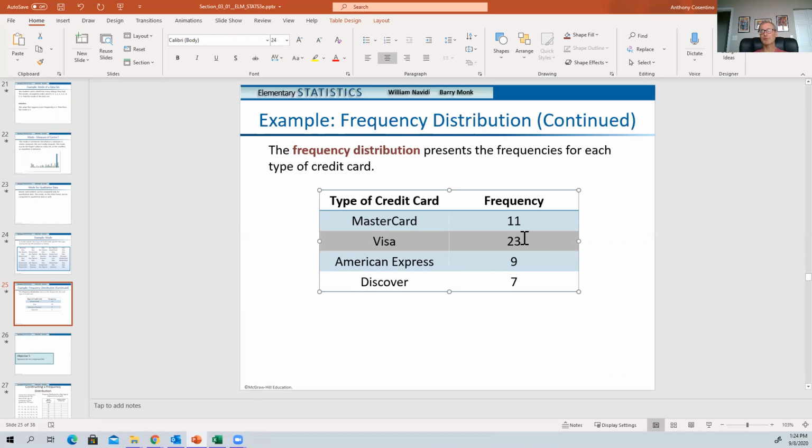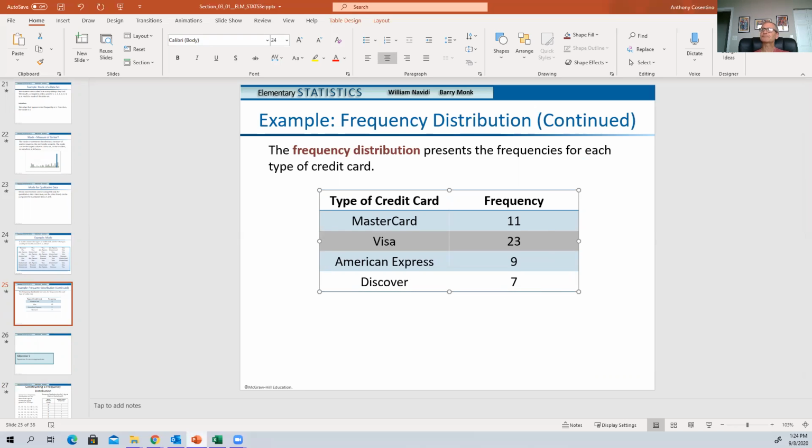So given the frequency, you'd be able to calculate the mode of qualitative data as well. The problem with median is, what do you consider the lowest and the highest credit card? And then obviously mean doesn't make any sense because you can't add all those together.